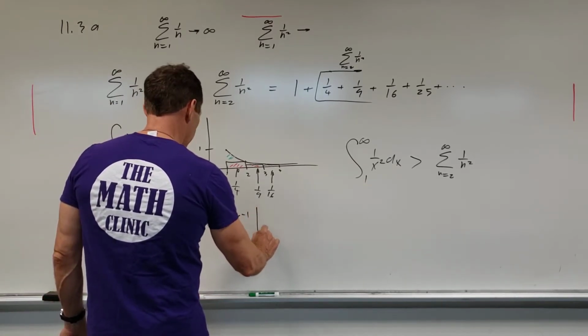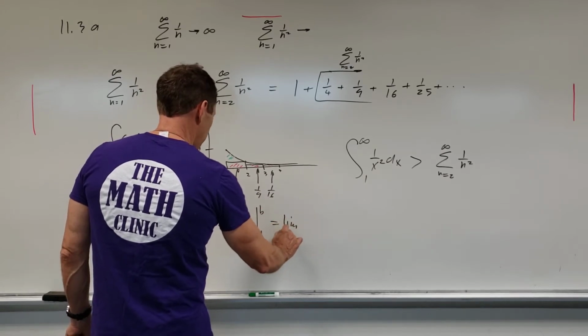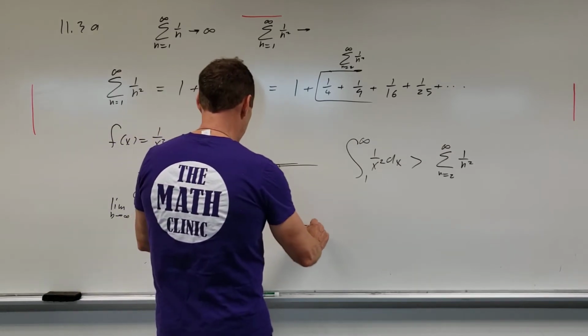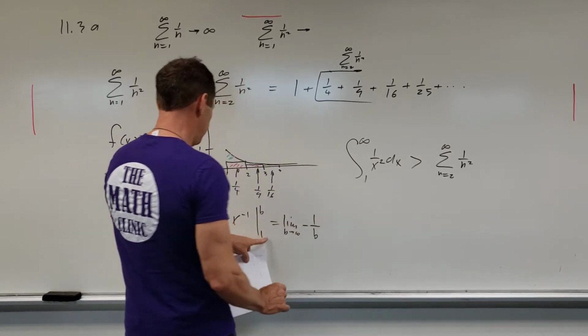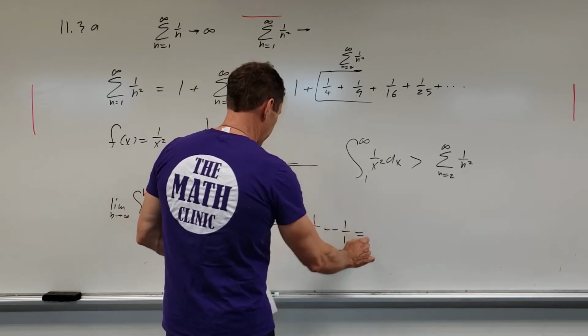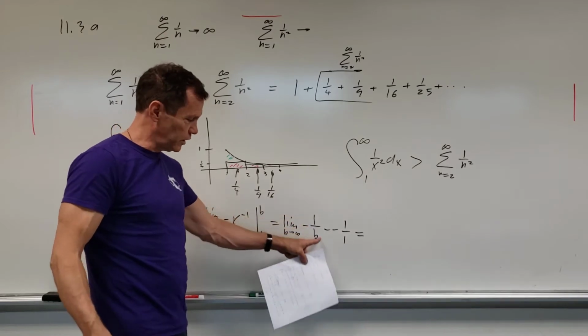And we've got 1 to b. So that's going to be the limit as b goes to infinity. Sticking in b, you get minus 1 over b. Sticking in 1, you get minus 1 over 1. Okay, now as b goes to infinity, that's 1 over a number getting bigger and bigger and bigger. This is going to go to 0.